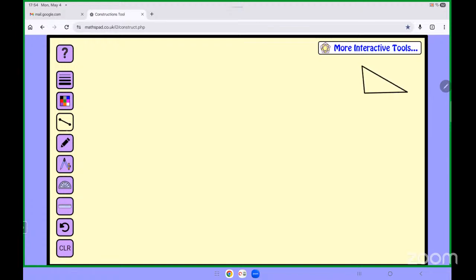This is 5 centimeters. This is 60. This is 90. That's all we're sketching. Sketch it and then you construct it.